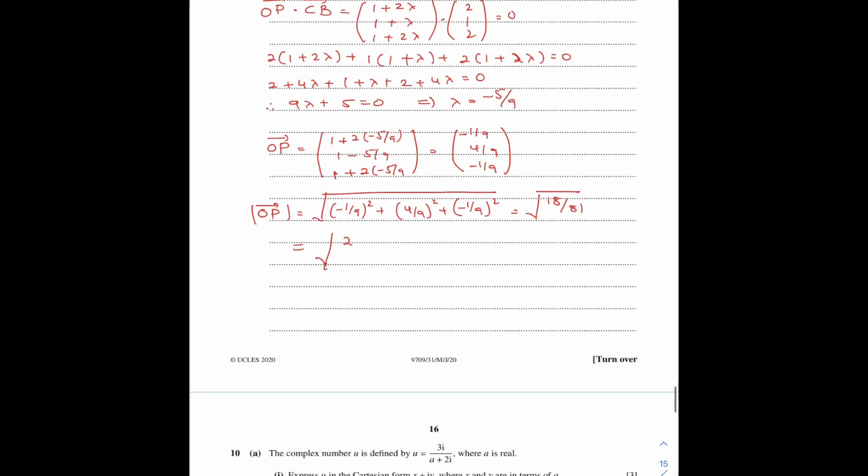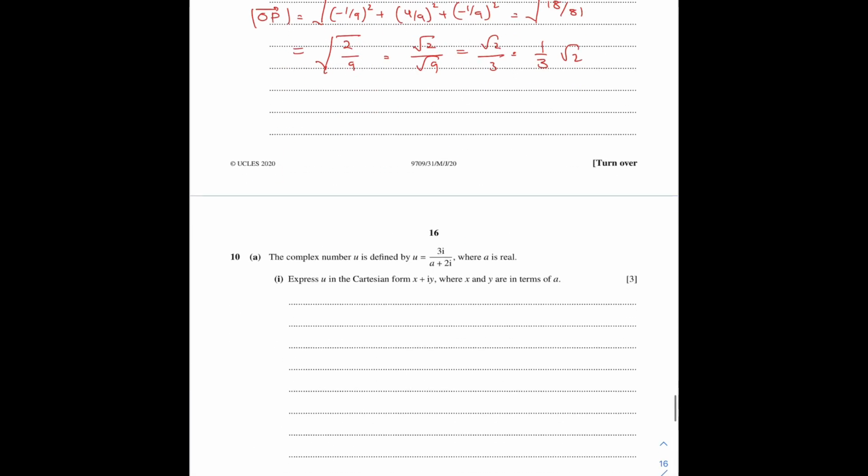All right. If your calculator doesn't give the exact value, 18 and 81 can be divided by 9. 9 times 2 is 18 and 9 times 9 is 81. So that's square root of 2 over square root of 9, which is root 2 over 3.